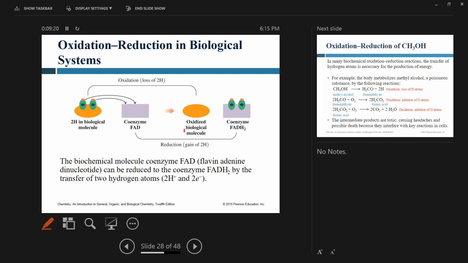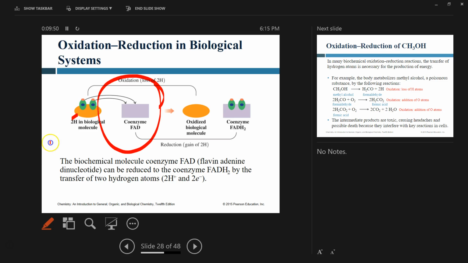So these molecules, like oxygen and glucose, cannot exchange electrons directly. They have to go through a series of intermediate reactions. And essentially, the electrons are carried from glucose to oxygen by so-called electron carriers, like the molecule of coenzyme FAD.